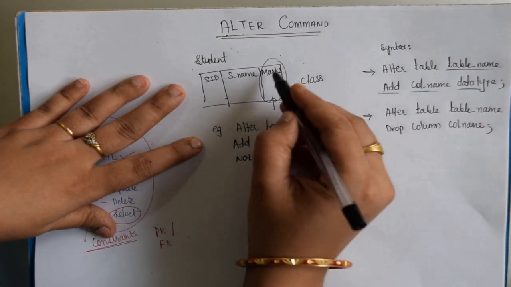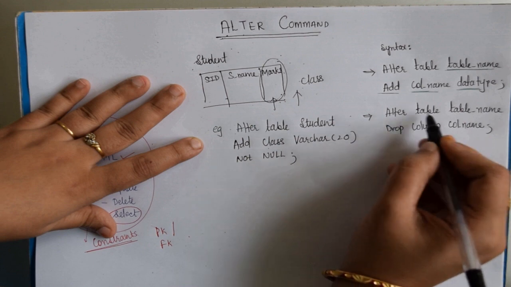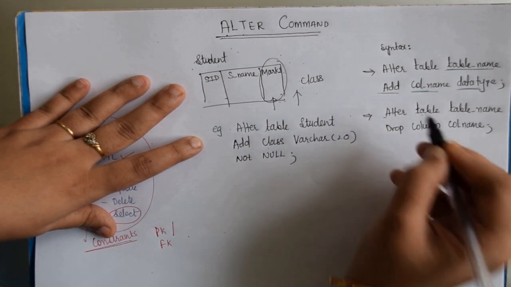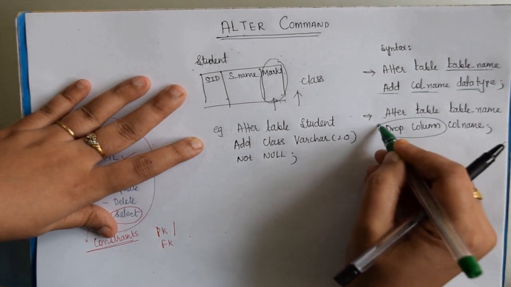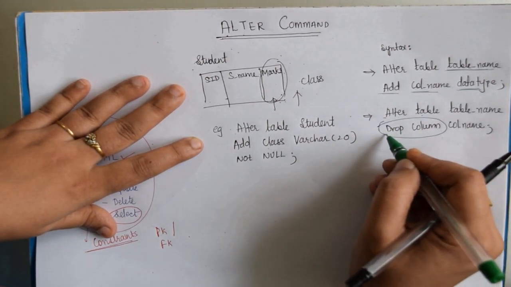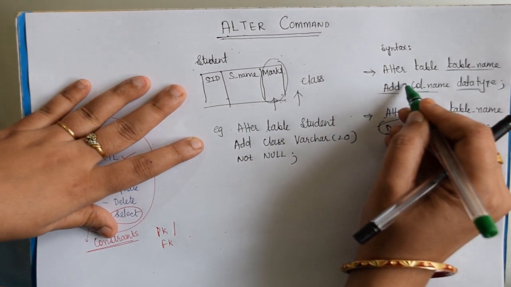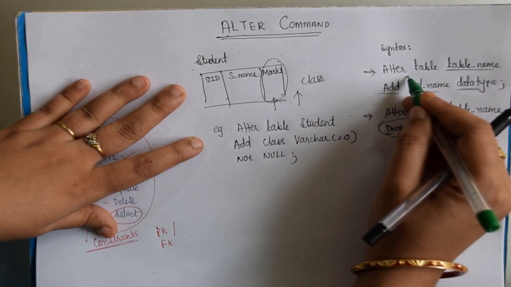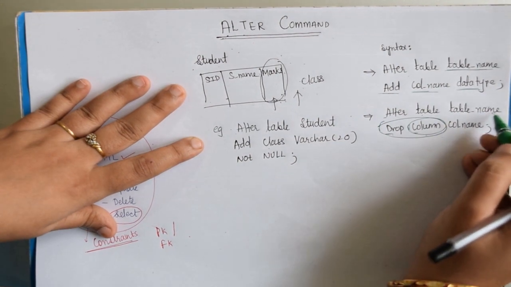Similarly if I want to delete marks column from this table, so I will write syntax for drop column is alter table, table name, then here drop column. So drop column, column keyword is there. Here directly we are writing add column name, column keyword is not there. So drop column then column name. Understood?